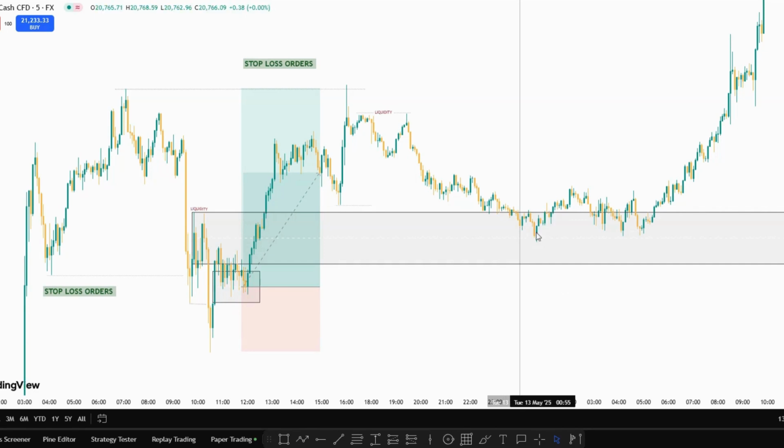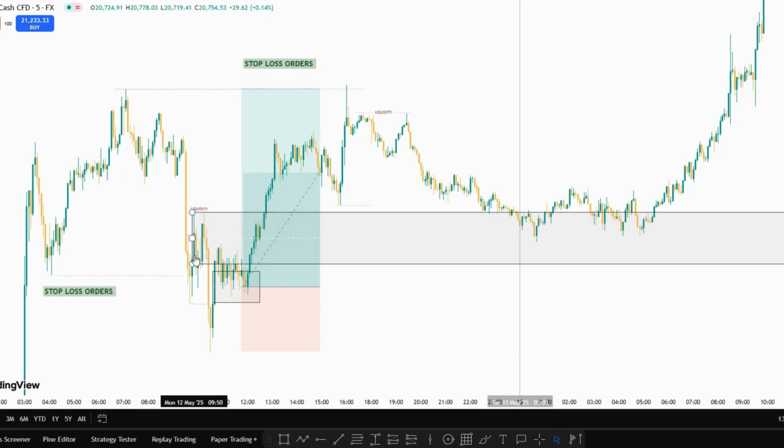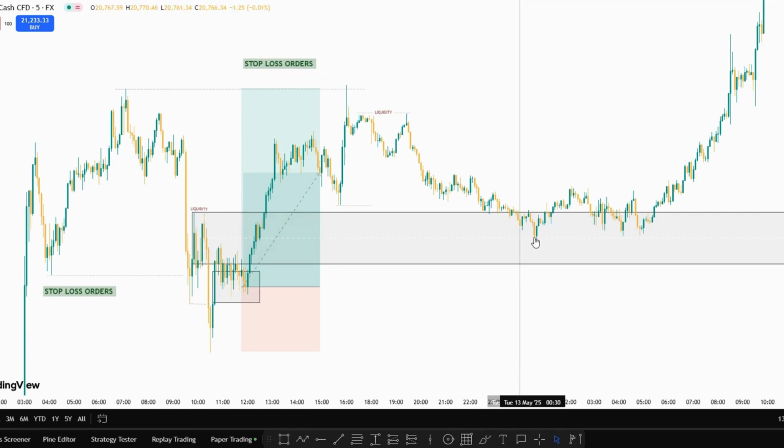As we went on into the day, you can see that this was Tuesday's market open, right? Testing into this flip zone that we're looking at. You can see we tap the midpoint and we push off.